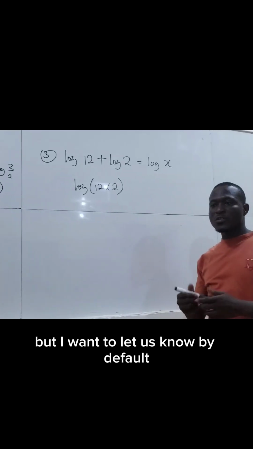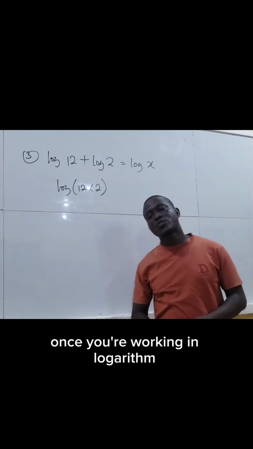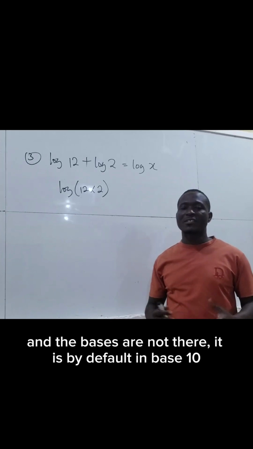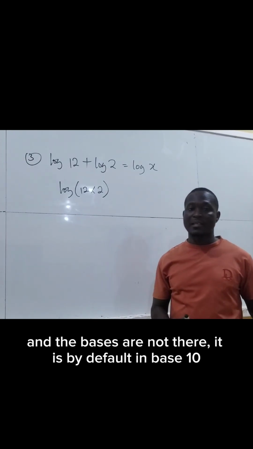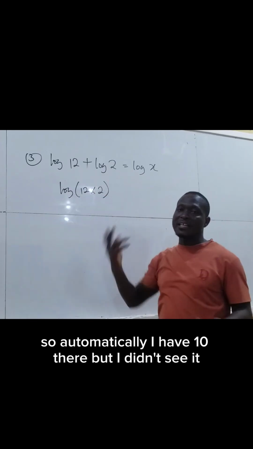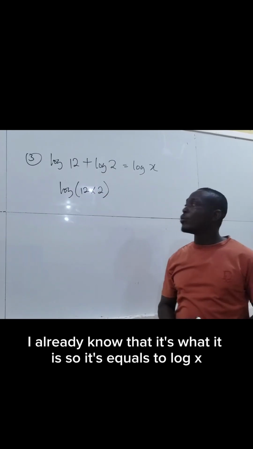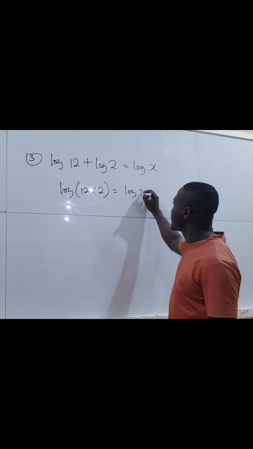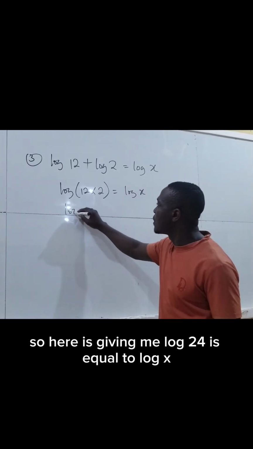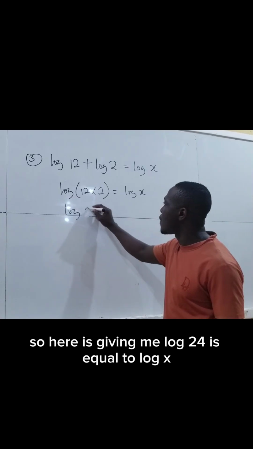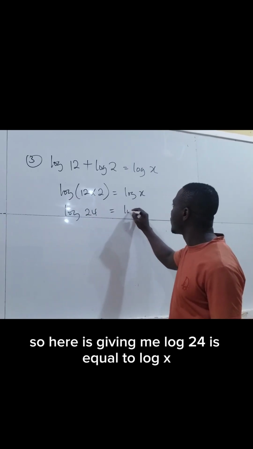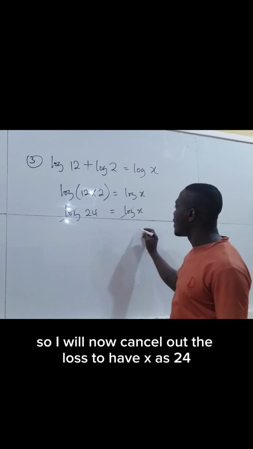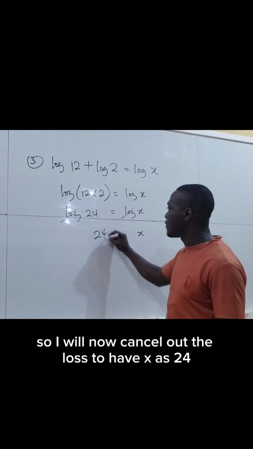But I want to let us know, by default, once you're working on logarithm and the bases are not there, it is by default base 10. So automatically I have 10 there, but I didn't see it. I already know that is what it is. So it equals log x. Here is giving me log 24 equals log x. So I will now cancel out the logs to have x as 24.